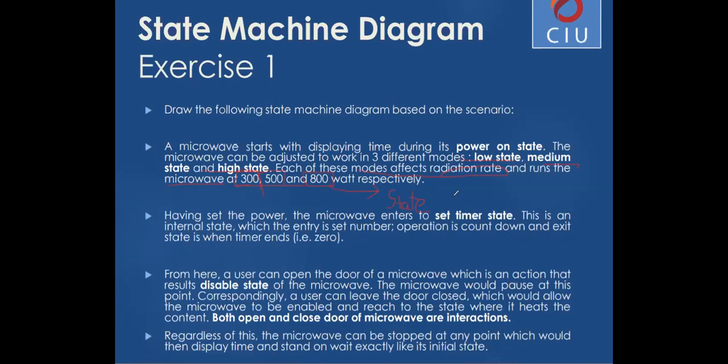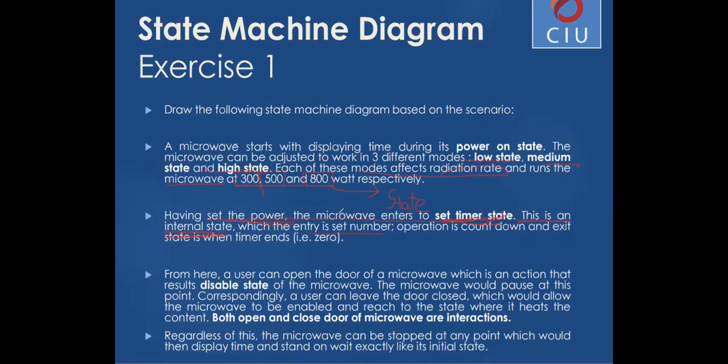Having set the power, the microwave enters set timer. This is an internal state. See, it mentions here that it is an internal state. The regular ones upstairs were just states, but this one, which is setting the timer, the set timer state, is going to be an internal state. The entry is set number.